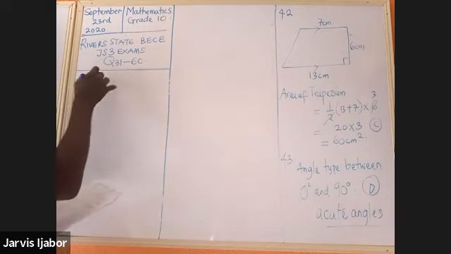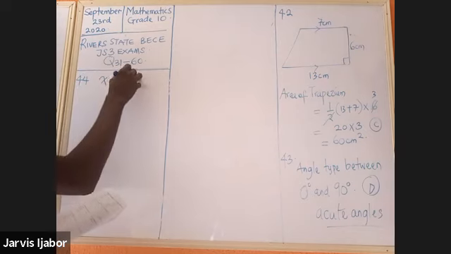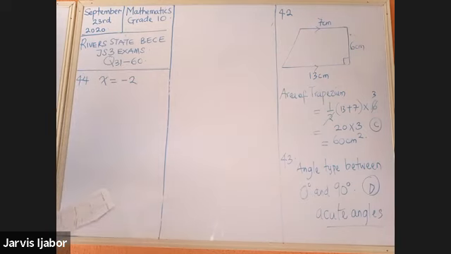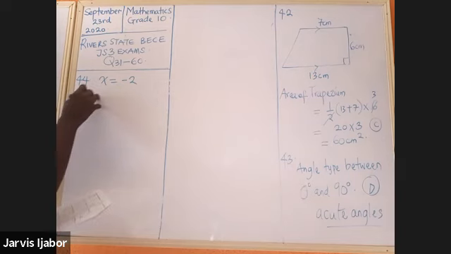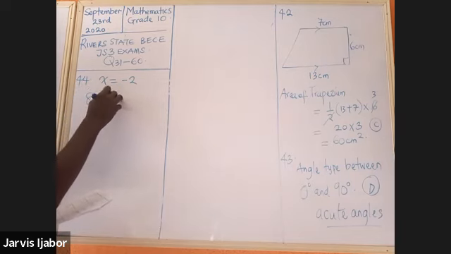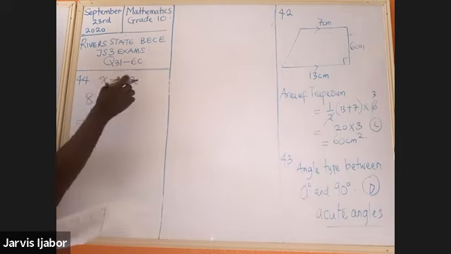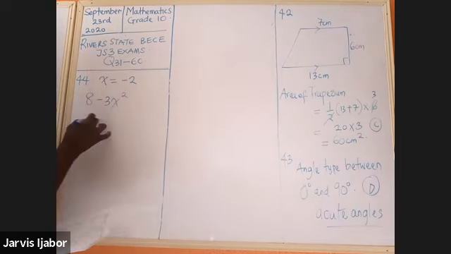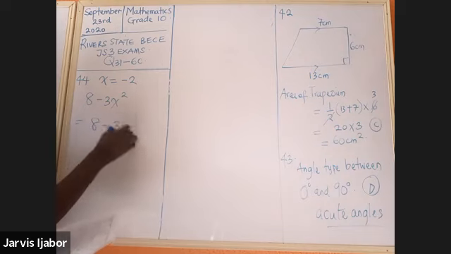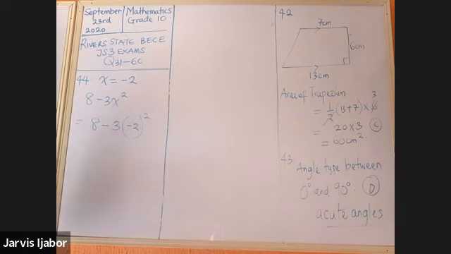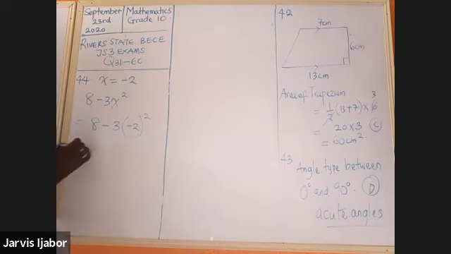In question 44, we are told that x is equal to -2. So we are required to evaluate 8 minus 3x squared. So what does that give you? We substitute -2 where we have x. So that will be 8 minus 3 into -2 all squared. Remember that -2 all squared means -2 times -2.